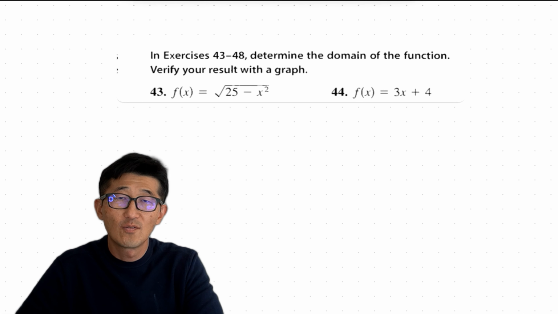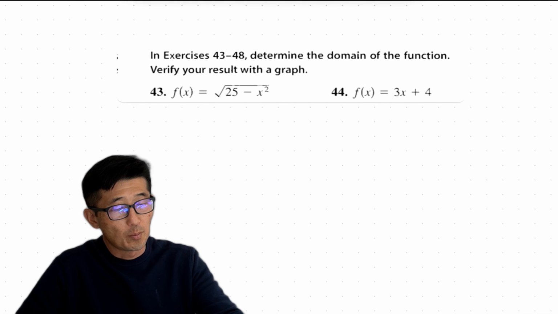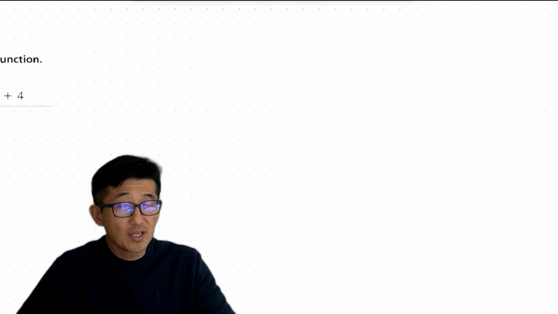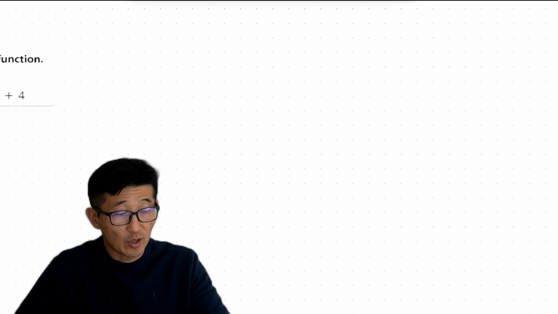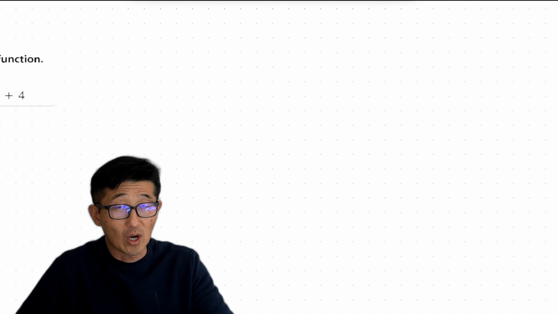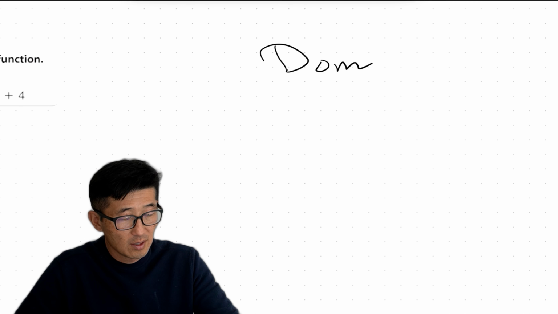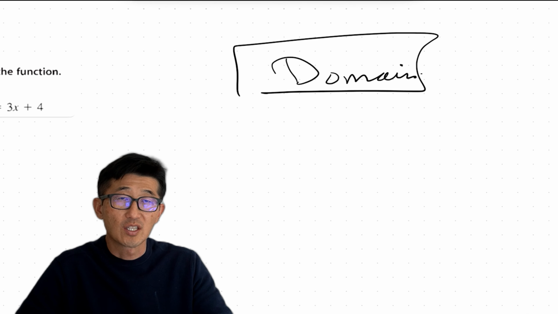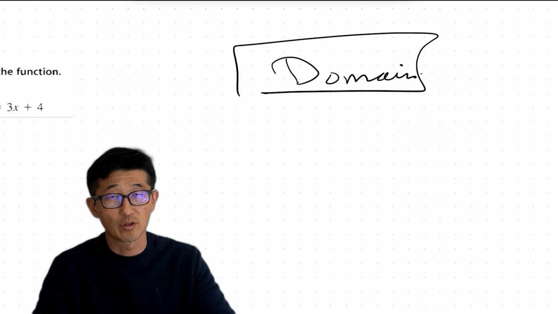Okay, 43. Determine the domain. Now, when we talk about domain, there's only three particular expressions that you have to pay attention to. If it's not one of these three, it's most likely going to be all real numbers.